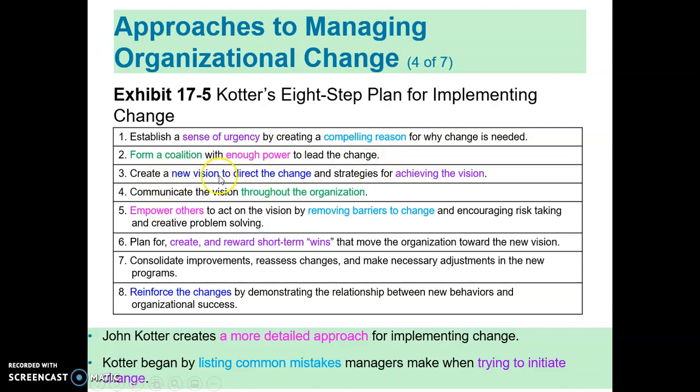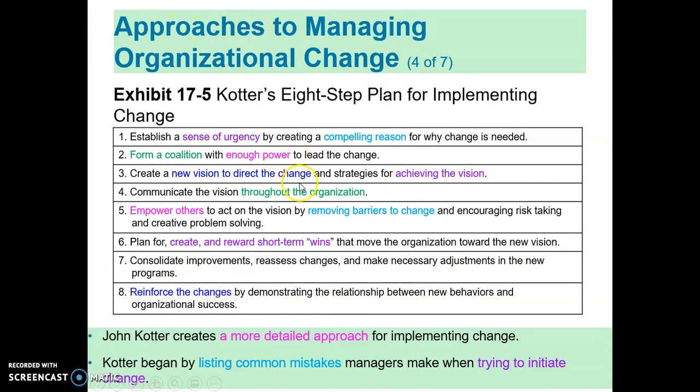Then create a new vision to direct the change, and strategies for achieving the vision. Then communicate the vision throughout the organization, and empower others to act on the vision by removing barriers to change. Then plan for and create short-term wins so that the change becomes permanent. Then consolidate improvements, reassess change, make necessary adjustments, and reinforce the change.